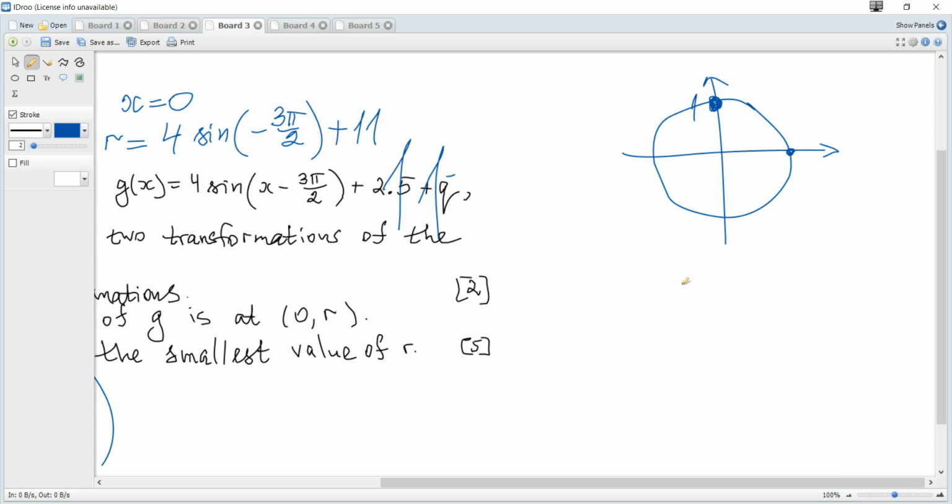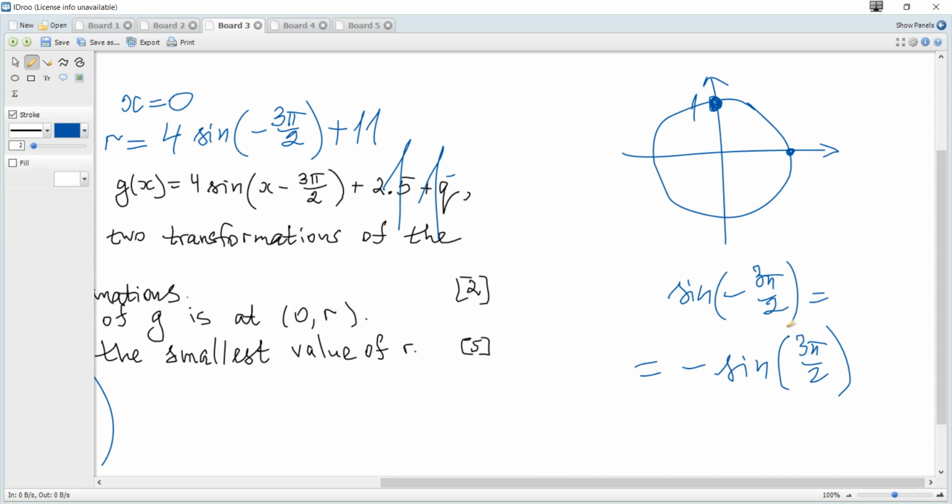Or we know that sine is an odd function, and sine of negative 3 pi over 2 is negative sine of 3 pi over 2. And 3 pi over 2 is in the anti-clockwise direction: 1, 2, 3, it's here. It's actually 270 degrees, and it's -1, but minus minus 1 is plus 1.